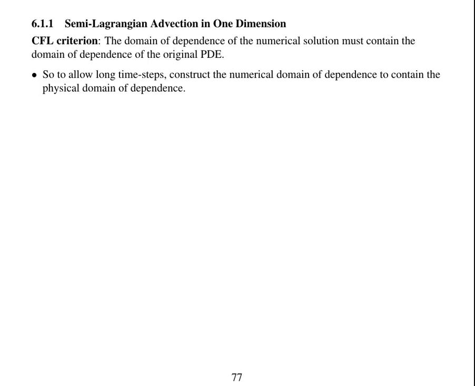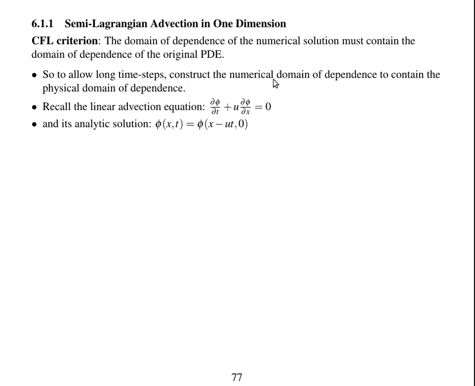So we want an explicit scheme, and so in order to allow long time steps, we must construct the numerical domain of dependence to contain the physical domain of dependence. So remember the linear advection equation, d phi by dt plus u d phi by dx equals 0, and we know in one dimension for constant u, we know an analytical solution for this equation. So we use this to write down the semi-Lagrangian scheme.